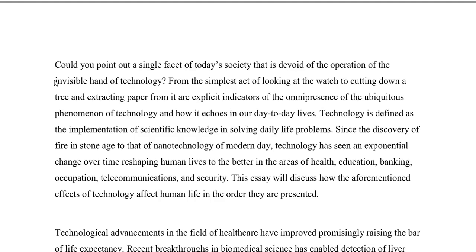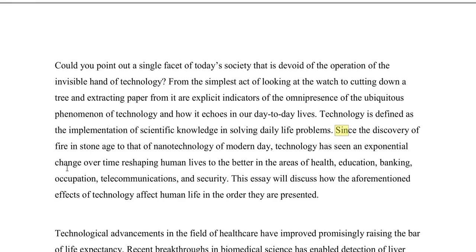That is the definition of technology being given. Since the discovery of fire in Stone Age to the nanotechnology of modern day, technology has seen an exponential change over time, reshaping human lives to the better in the areas of health, education, banking, occupation, telecommunications and security.